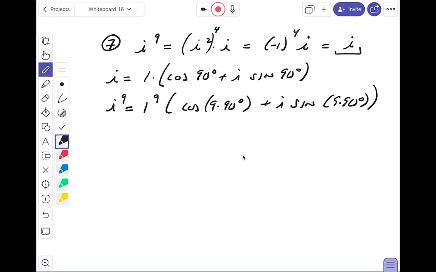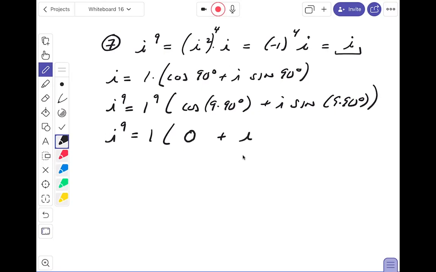All right, let's do this. 1 to the 9th is 1. Now, if you kept counting 90 degrees 9 times, it would be the same as cosine of 90 degrees, right? And the cosine of 90 degrees is 0.